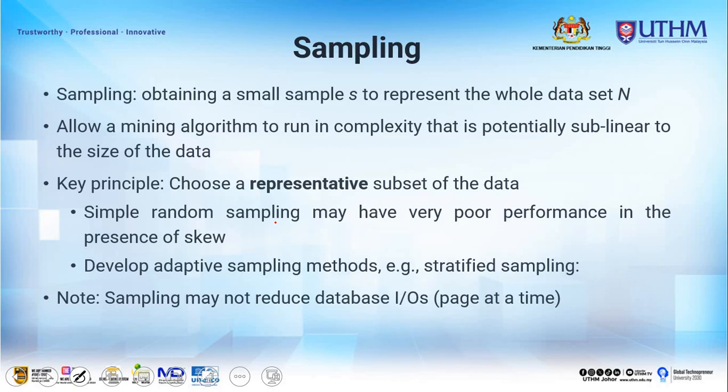Large data sets can be a computationally expensive process. So sampling allows us to run mining algorithms with potentially sublinear complexity relative to the size of the data. Okay, so there are still limitations and advantages with this.